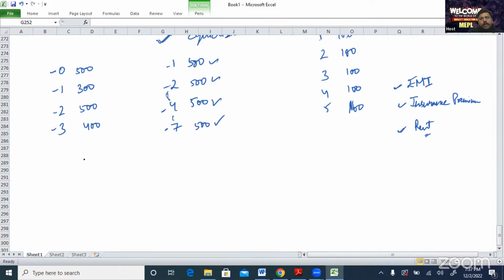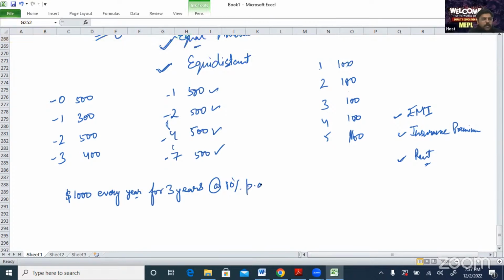So for example, let us say you are depositing $1,000 every year for 3 years at a rate of, let us say, 10% per annum.